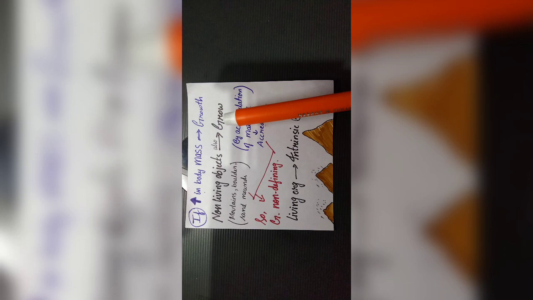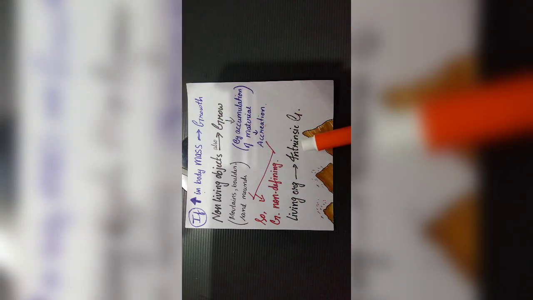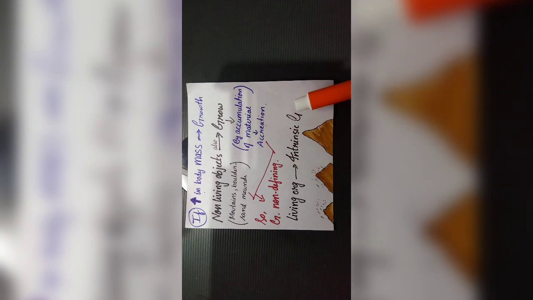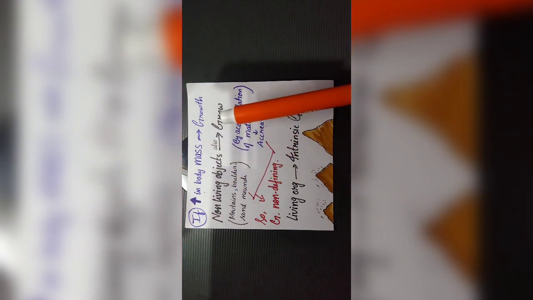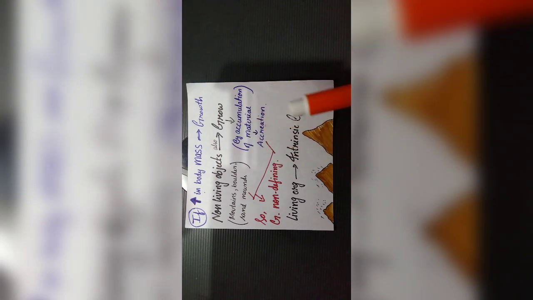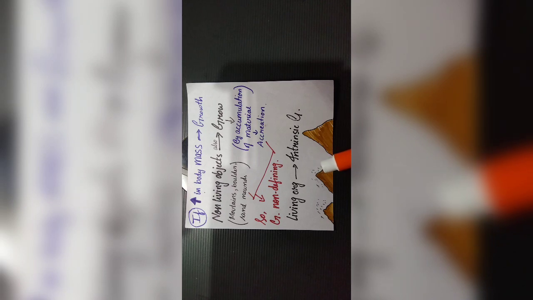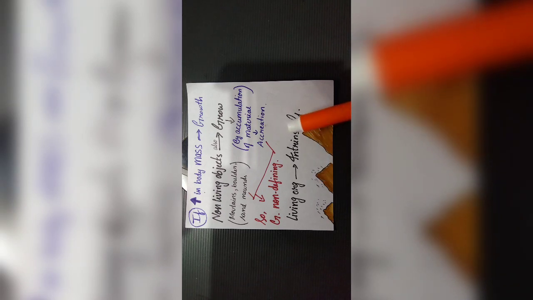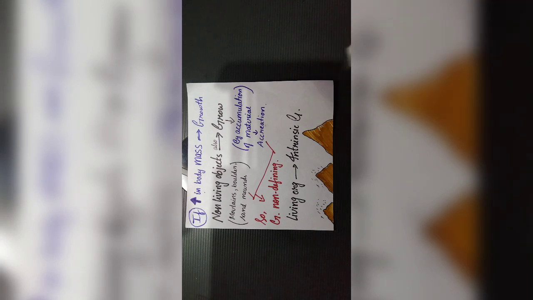We know growth is present in both living and non-living, but in living organisms growth is from inside, that is intrinsic growth. In non-living objects growth is from outside, that is extrinsic growth, called accretion. For example, consider a hill. Because of accumulation of sand particles or soil, it will keep on increasing its size. It is showing growth but from outside.